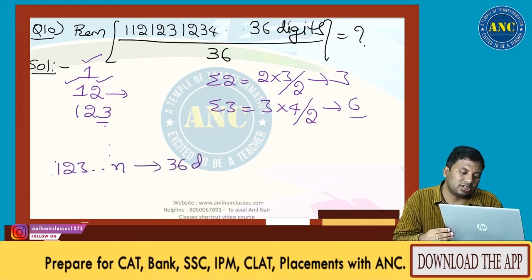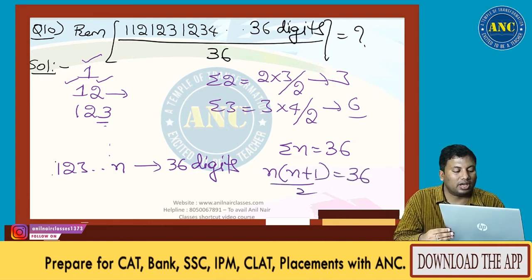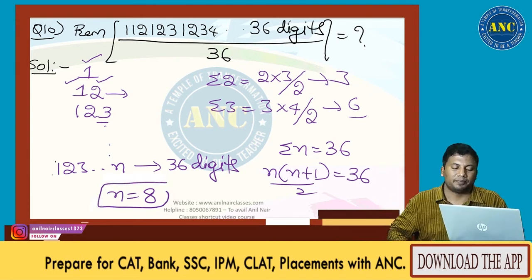total 36 digits are there. So total summation n is 36. n into n plus 1 by 2 is 36. So n value is 8. That means the last number that is formed is 1, 2, 3, 4, 5, 6, 7, 8.